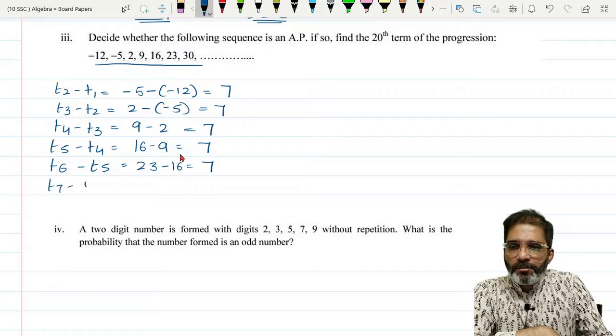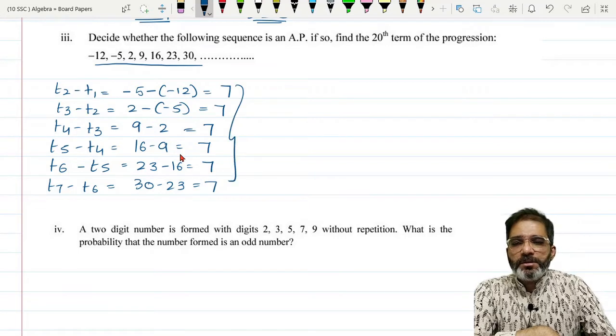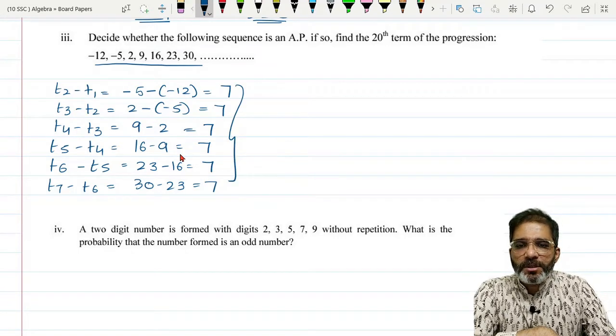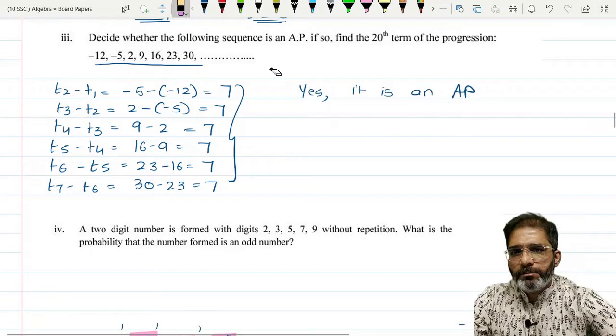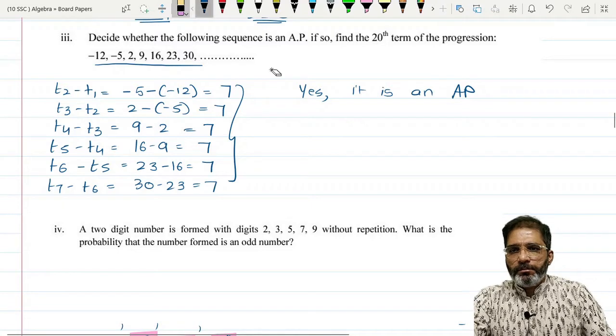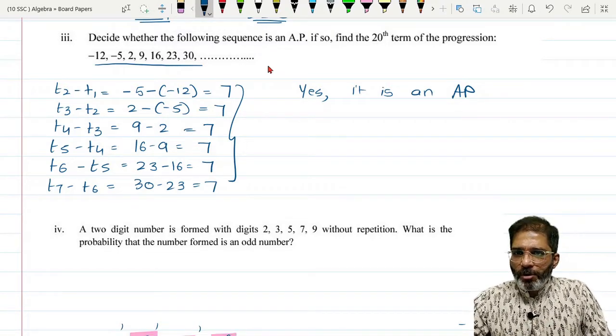And then T7 minus T6, that is 30 minus 23, this is also 7. So what we see is, yes, the difference is 7. So my answer is yes, it is an AP, because the common difference is same.